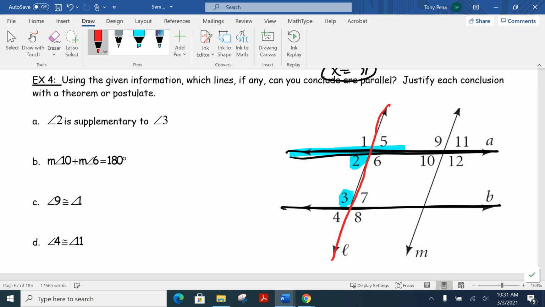So the fact that those are supplementary, it's going to say, can you conclude it? Your answer to this one is yes, because they are same side interior, and those are supplementary. So it satisfies one of our 5 conditions for this.